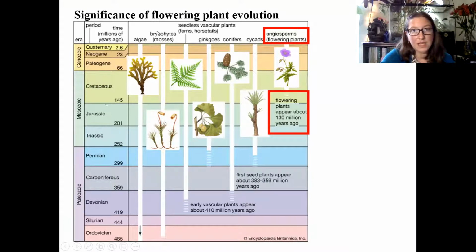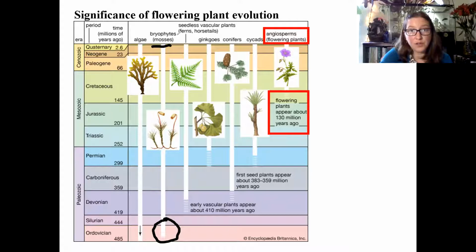You can see here, just to give you some context, here are our mosses, all the bryophytes, liverworts and hornworts. And they showed up around 450, 475 million years ago.